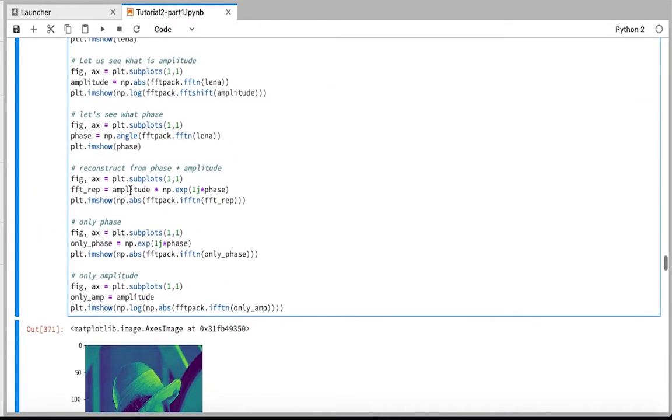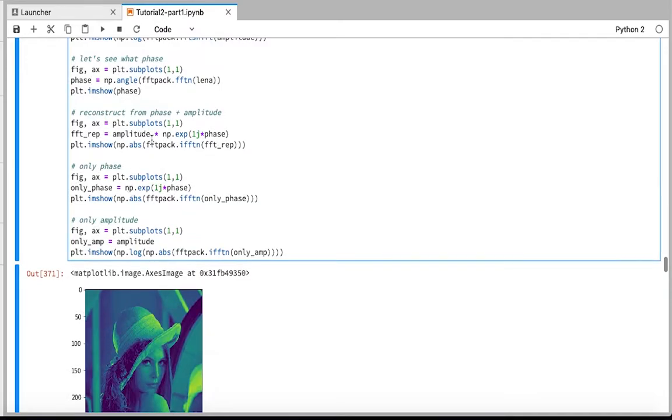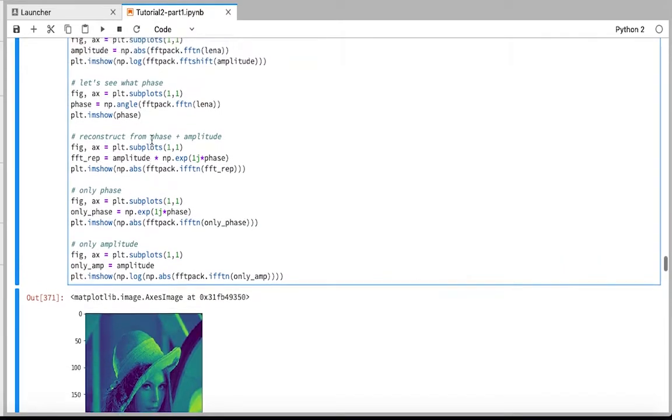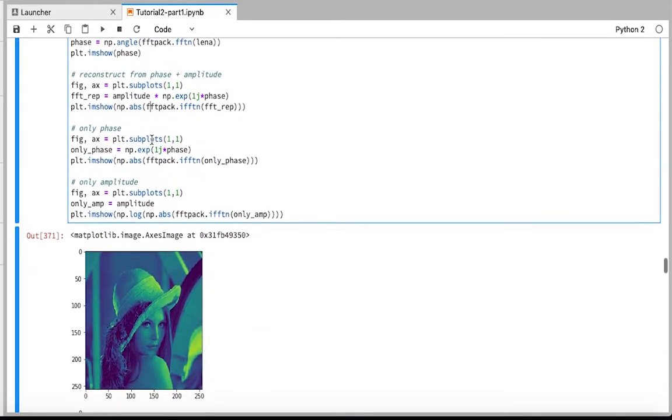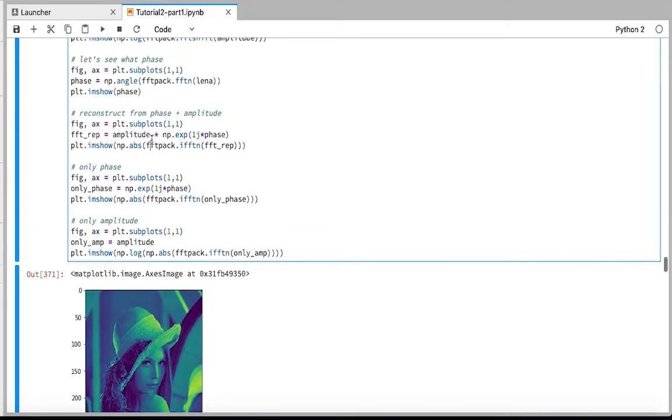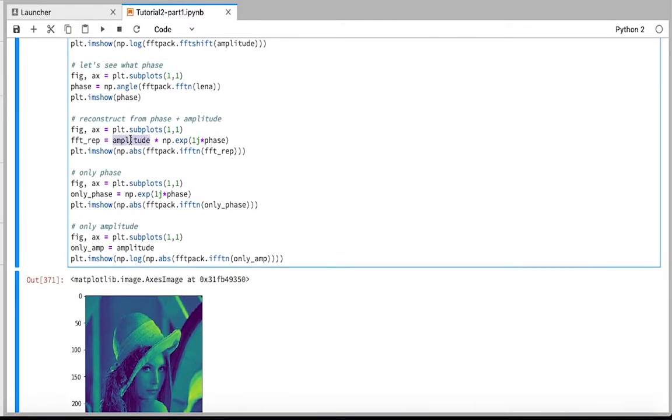So let's reconstruct Lena from just the phase, right? Let's first form a complex number: amplitude times e power i theta. So basically, this is what the Fourier transform is. And now we'll do an IFFT, inverse Fourier transform, and then we'll get the real image, right?